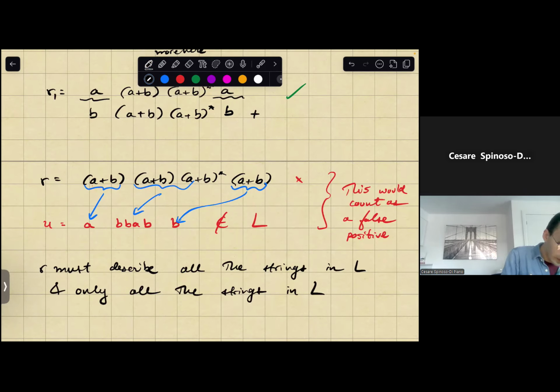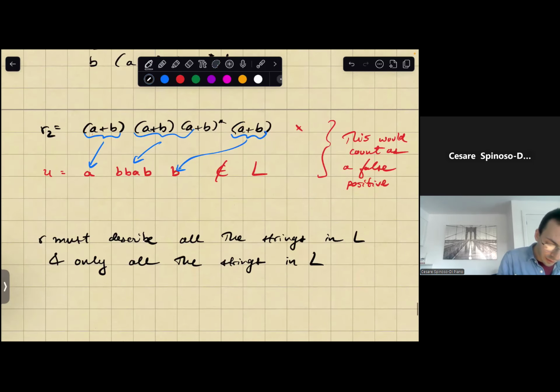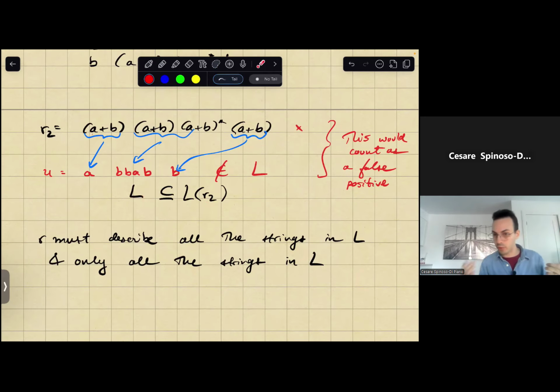If this is R1 and this is R2, that's not happening in R2. In fact, in R2, the language of R2 is a superset of L, right? So there's stuff in the language of R2 which is not in L. And that's what I mean by false positive.